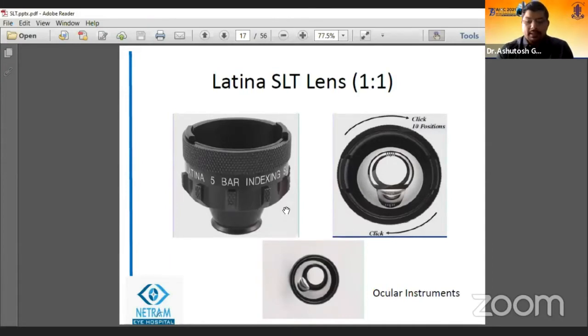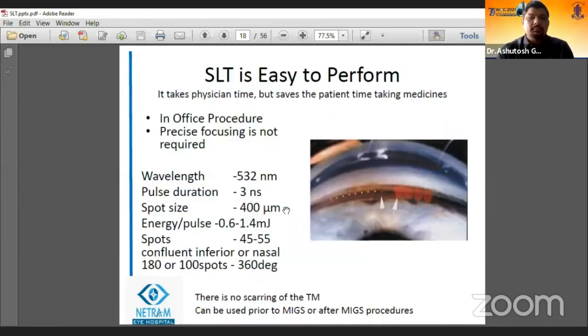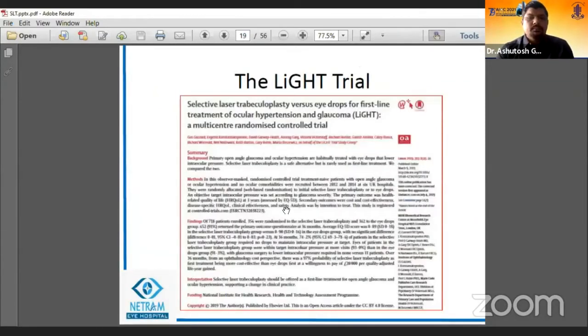It has one-time magnification to focus on the trabecular meshwork, and it's easy to perform. The only prerequisite is that you have to be precise and expert in gonioscopy. It's an in-office procedure. It hardly takes 10 to 15 minutes of the consultant's time, and there is no scarring of the trabecular meshwork or outflow. I'll start with a few of the studies which have favored SLT.